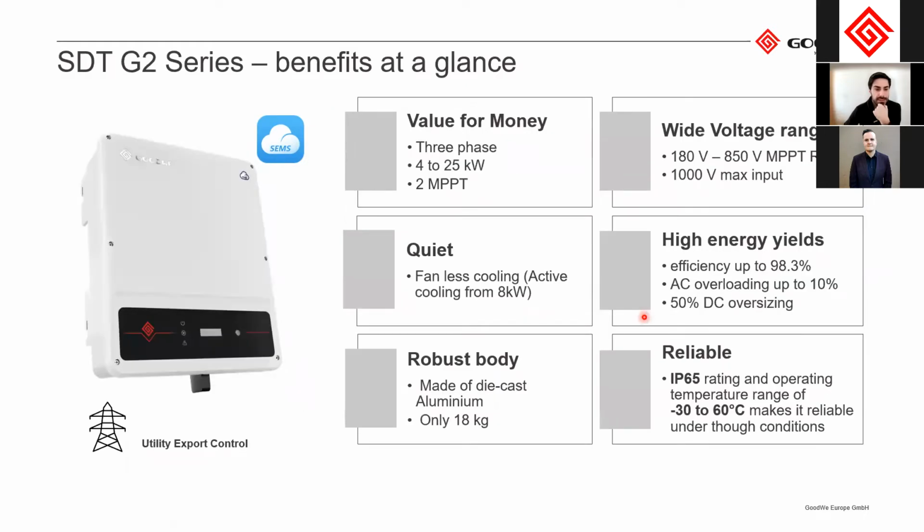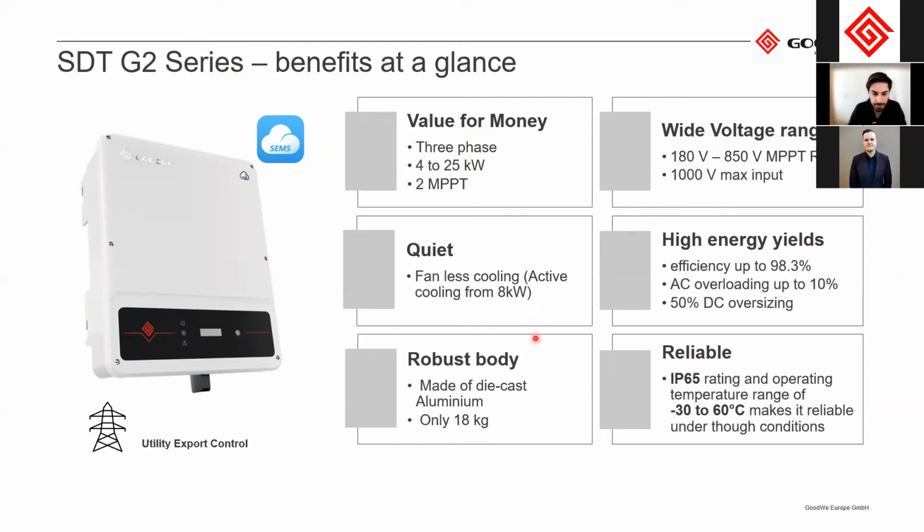The STT-G2 has many different models depending on the size. As you see here, it's between 4 and 25 kilowatt for the residential market. Up to 15 kilowatt it has 1000 volts input voltage, but after that it has 1100, so the larger 25 kilowatt has a bit higher input voltage.